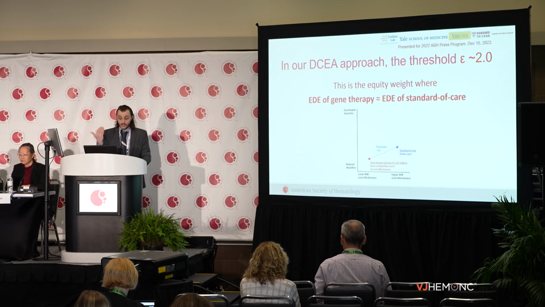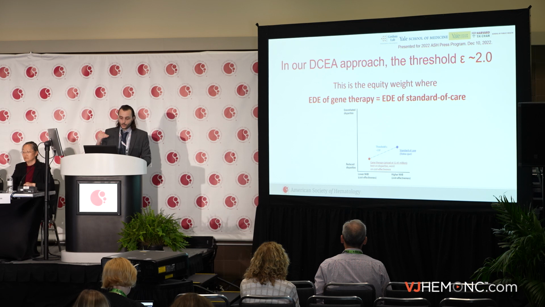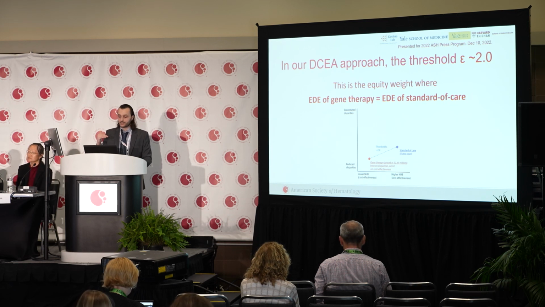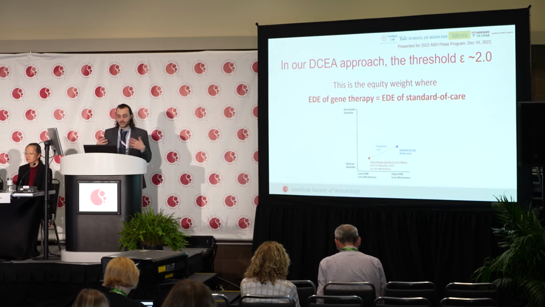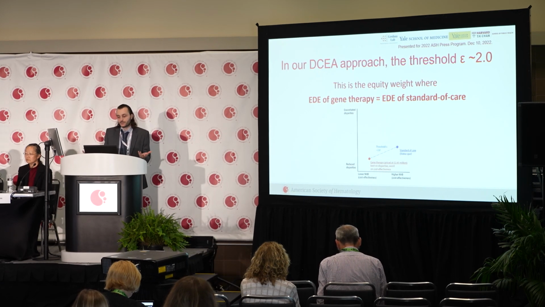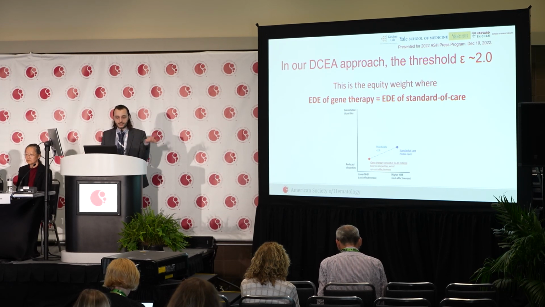And so here in front of you, you have the x-axis, which is your net health benefits, and the y-axis. At the very top, you have an exacerbation, so worsening of disparities, and on the very bottom, you have reduced disparities. And so this is how we can think about this concept in a two-dimensional space. And we're really looking for that slope, that epsilon, where the EDE of gene therapy is equal to the EDE of standard care.